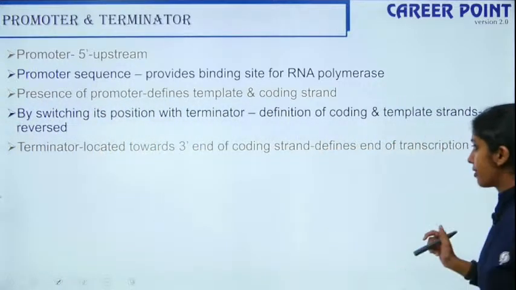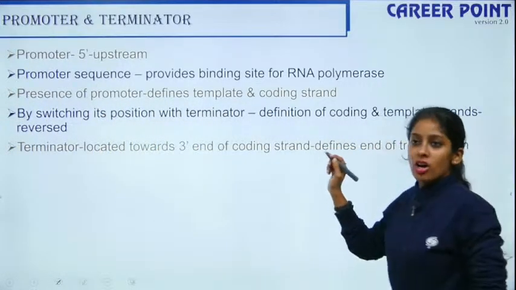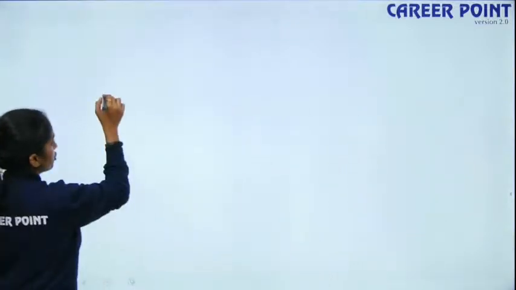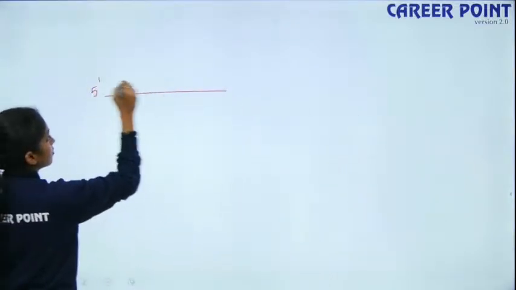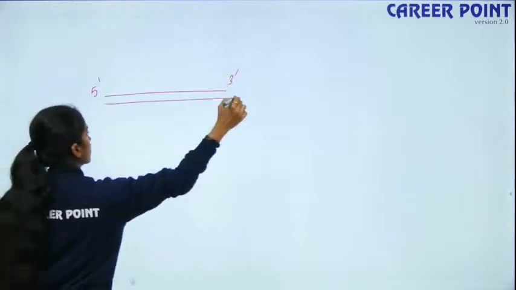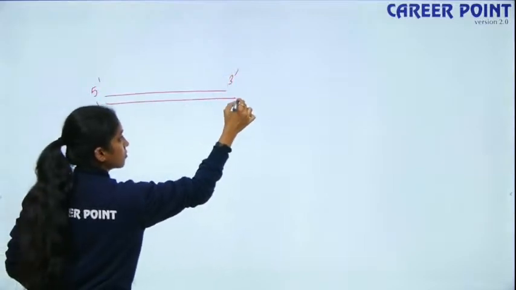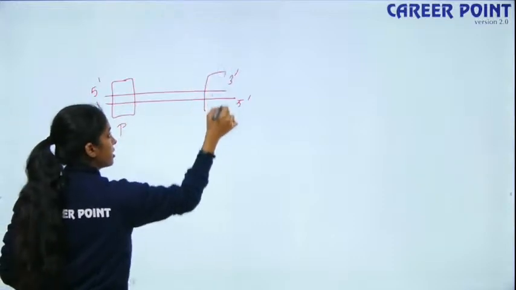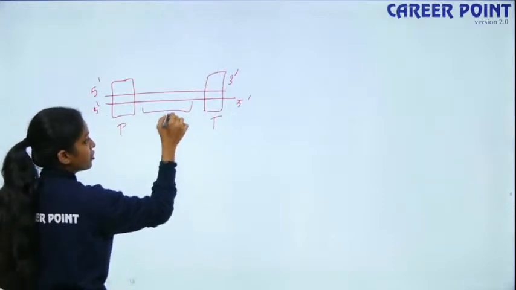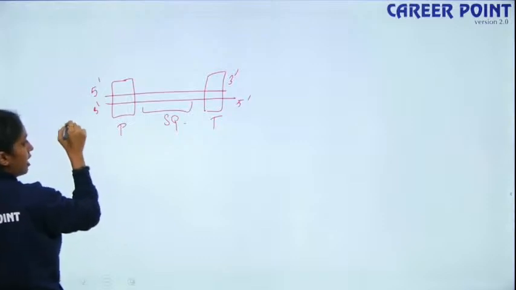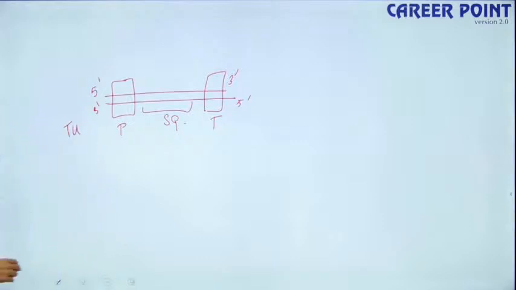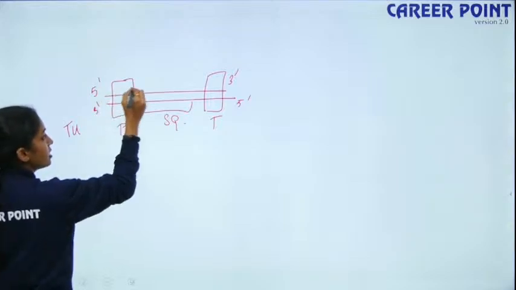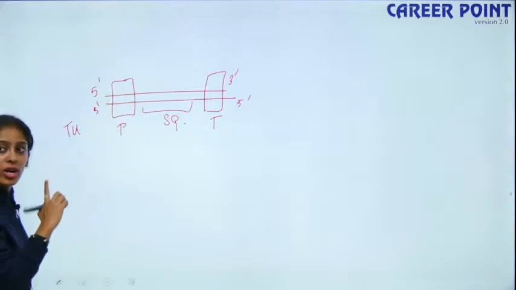All right, fine. So we were talking about a transcription unit, right? So here I have a promoter, here I have a terminator, and this is my structural gene. So this is my transcription unit, right? So the promoter is towards the 3' end of the template strand, and this is the 5' end of the non-coding strand, right?